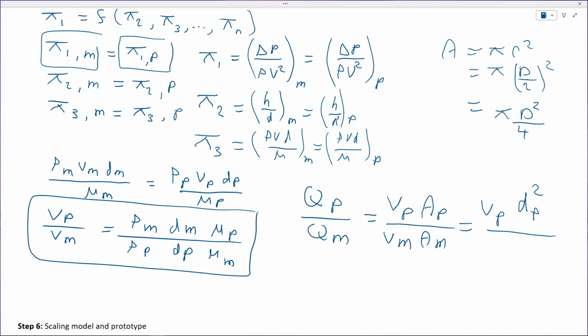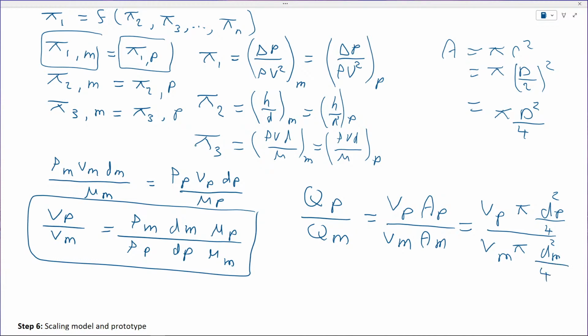You know what I did here, so let me do it for you step by step. This is the diameter squared of the prototype over 4 times V prototype, over V model times the diameter of the model squared over 4.